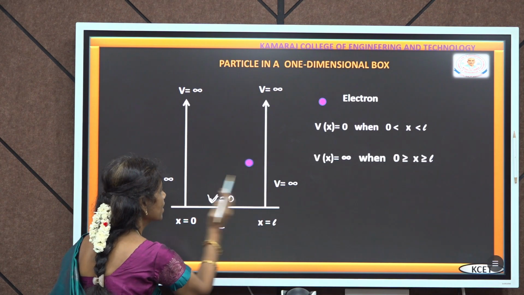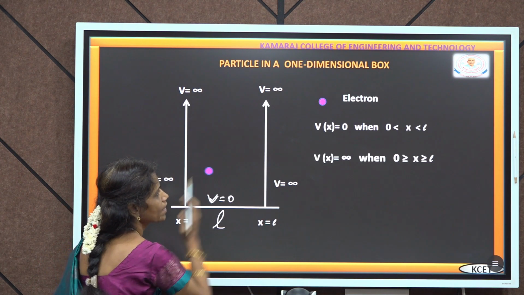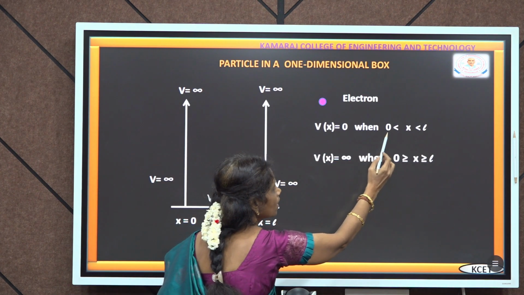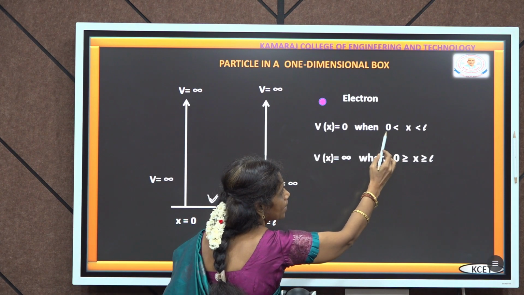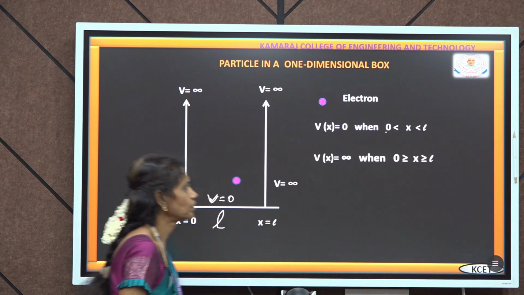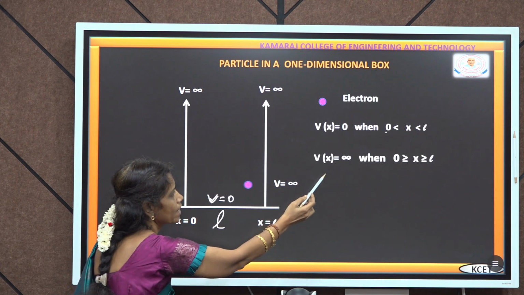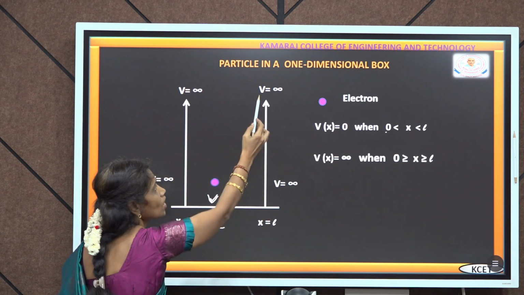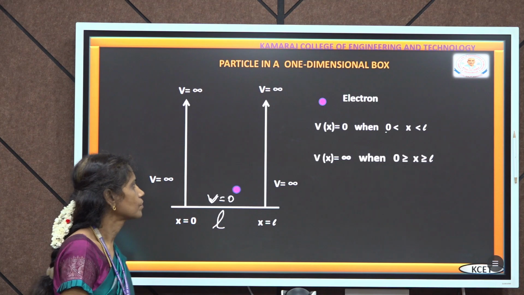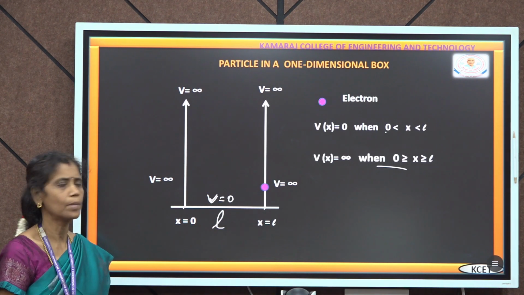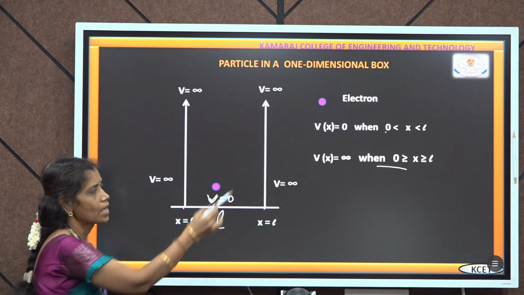That is, inside the box, the potential energy is 0. V of x is equal to 0 when x is greater than 0 and less than L. And another boundary condition is V of x is equal to infinity. The boundary conditions are written in simple mathematical expressions like this.